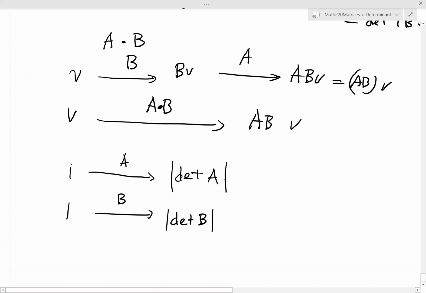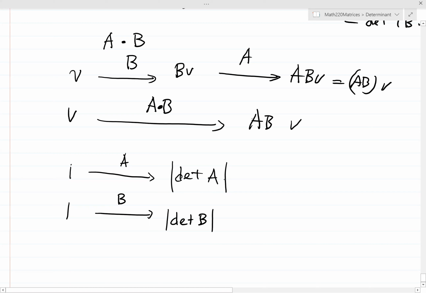The determinant is negative if it flips the direction. If one changes sign and the other does not, the composition changes sign. If both change sign, A changes sign and B changes sign, then the product changes twice, so the total does not change sign. So the sign ambiguity can be easily checked.